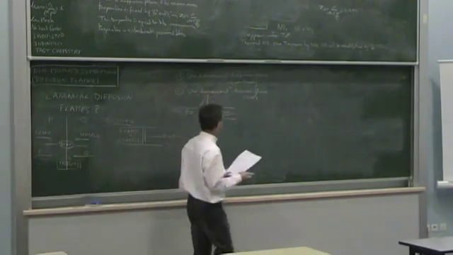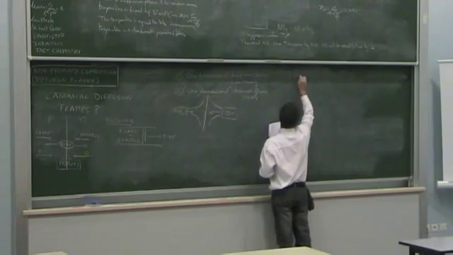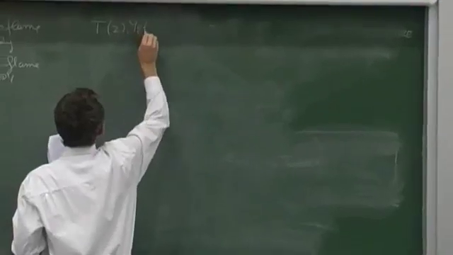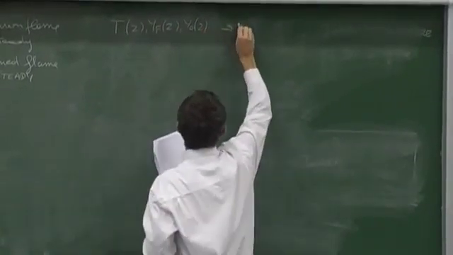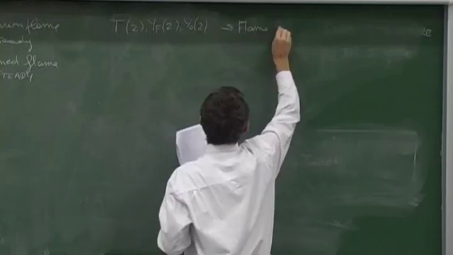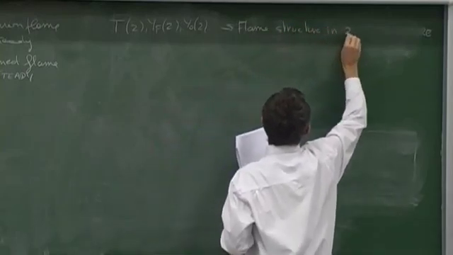So let me summarize what I'm going to do now. I have told you that we have this structure, T of Z, YF of Z, YO of Z. This is what we call the flame structure in Z space.